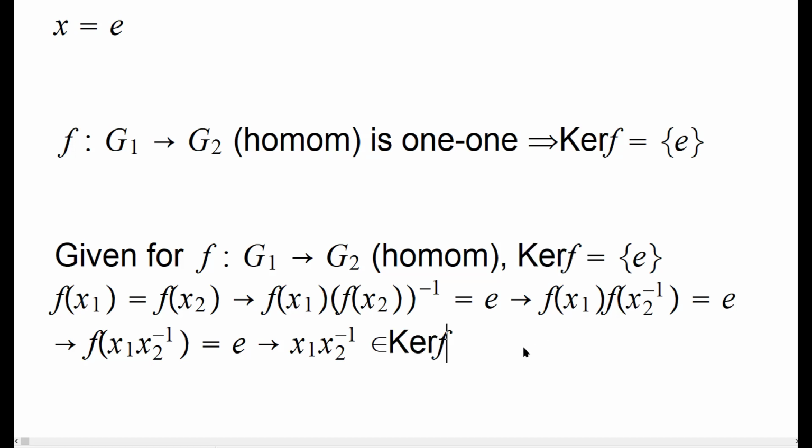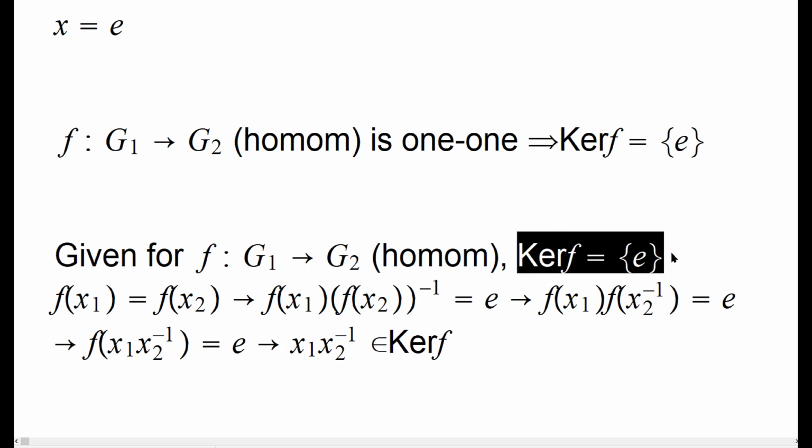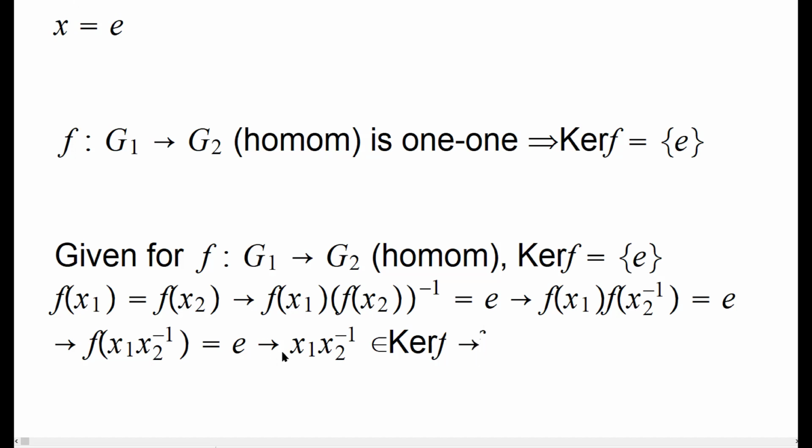Okay. Now, if this lives in the kernel of f, then the kernel of f has only one member in it. So what has to happen then? This has to equal the identity, and then what will that mean? Now we got the relationship.